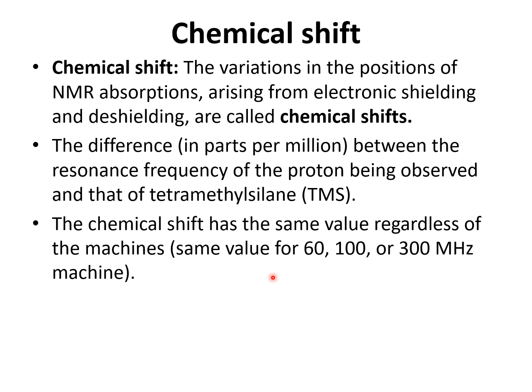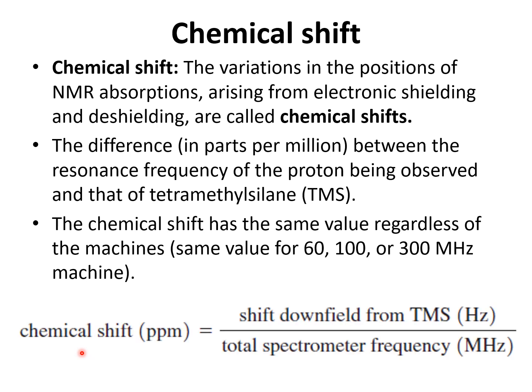We can have machines of different frequency like 60 megahertz, 100 megahertz, 300 megahertz. For the same compound, they will give the same chemical shift values. So this is the formula for chemical shift in ppm, which is generally denoted by delta: the shift downfield from TMS in hertz divided by the total spectrometer frequency in megahertz.